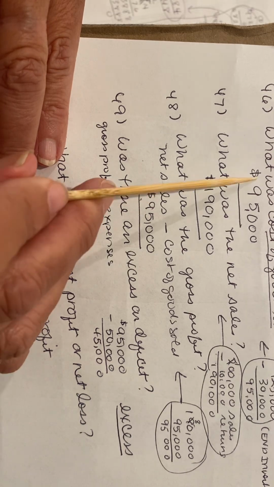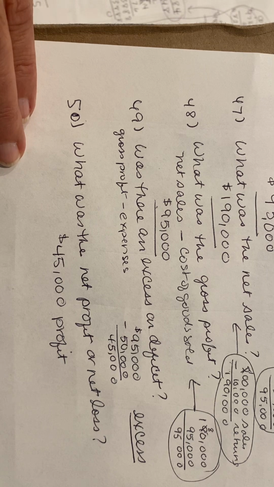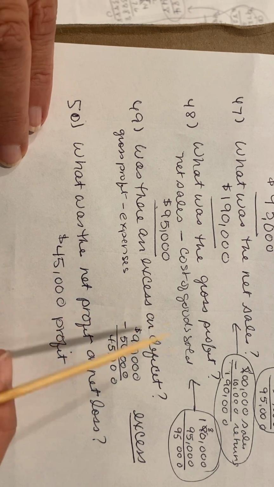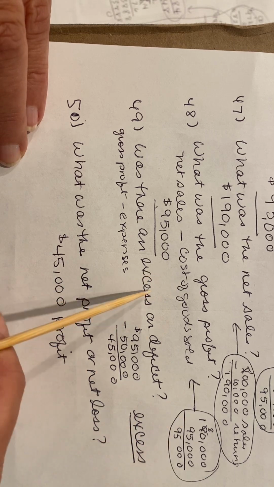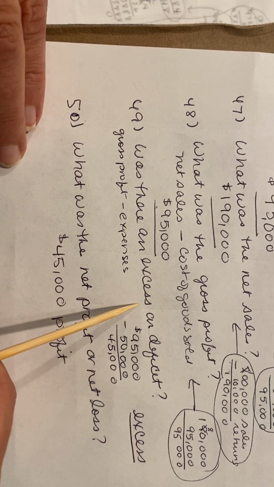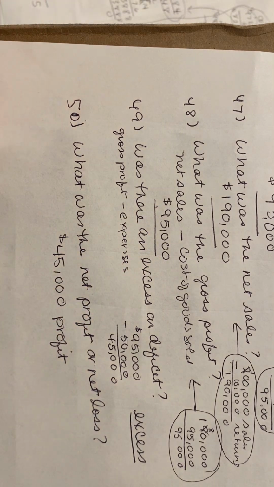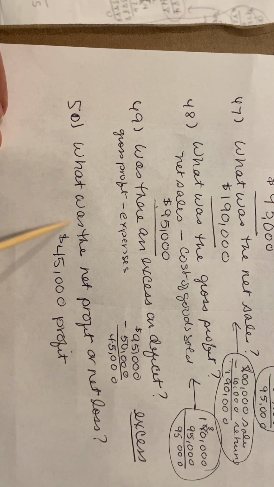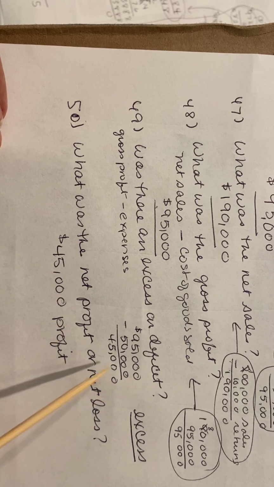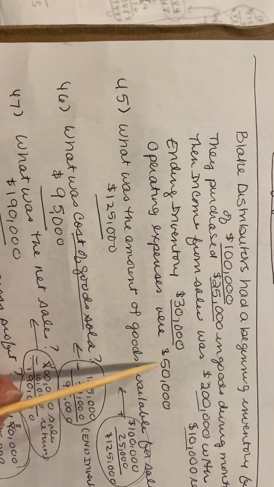Make sure you put all your dollar signs here. Number 49, was there an excess or a deficit? So we look here, we definitely have an excess, a pretty large excess, because we have $95,000 we made. That's a pretty big one. Now it says, what was the net profit or loss? Then we take our expenses. And what were our expenses? Our expenses were $50,000.